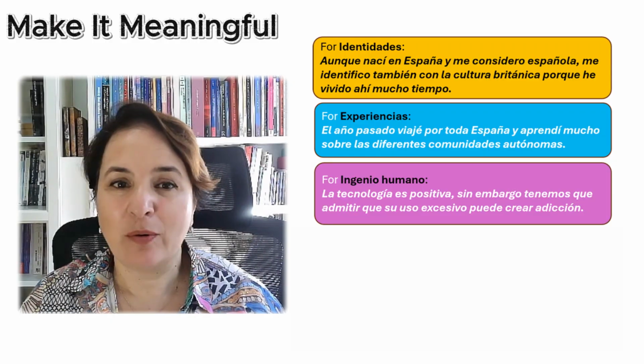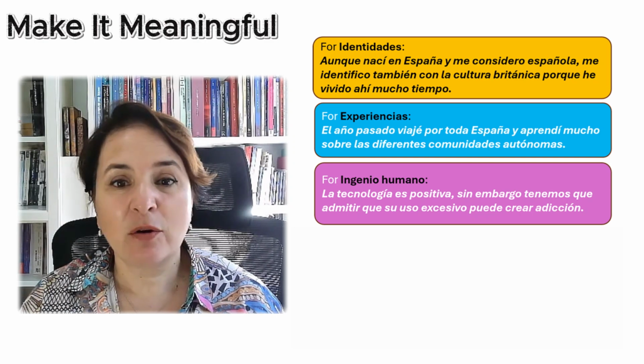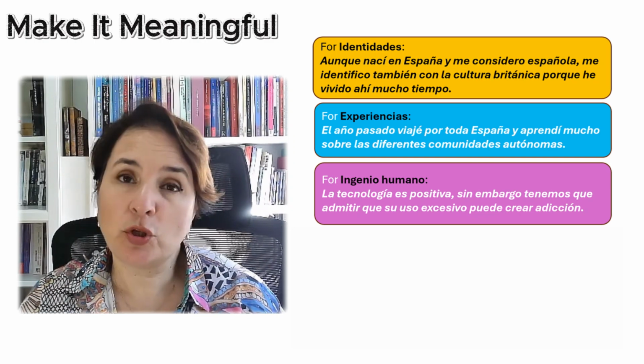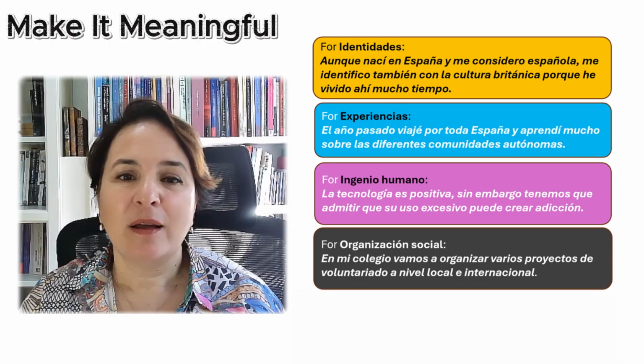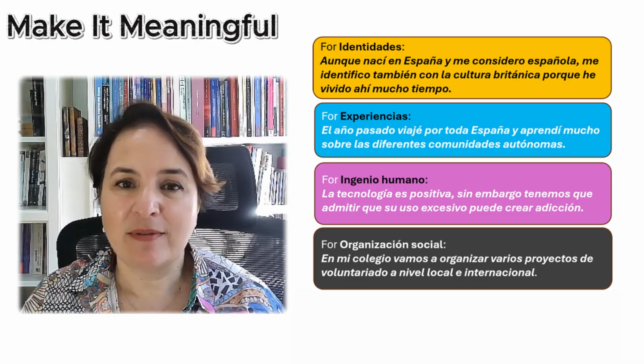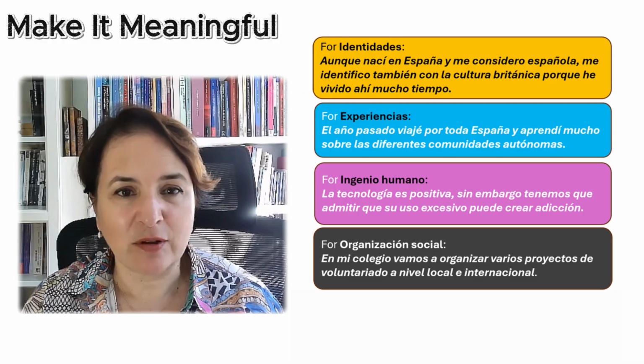For Ingenio Humano, I could write, la tecnología es positiva, sin embargo, tenemos que admitir que su uso excesivo puede crear adicción. For Organización Social, en mi colegio vamos a organizar varios proyectos de voluntariado a nivel local e internacional.